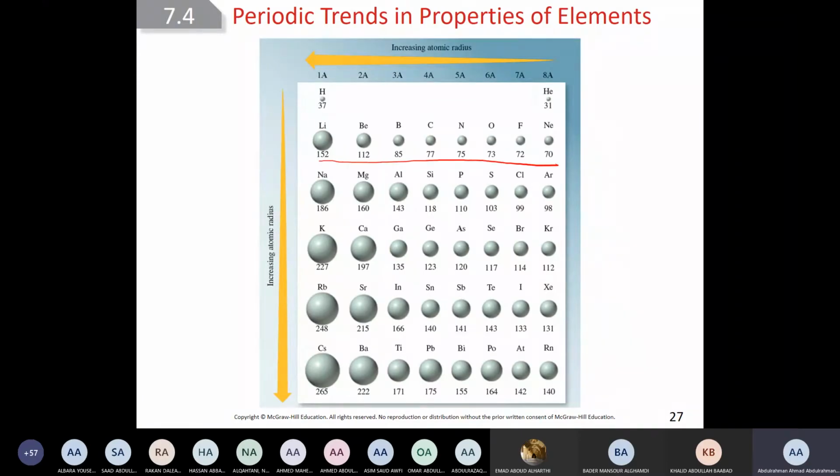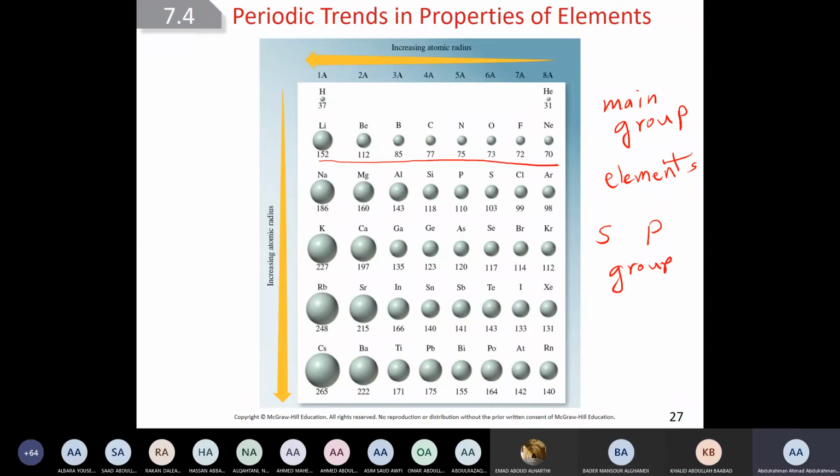This is the main group elements. What do you mean by main group? What's the meaning of main group? The elements group 1 and 2, S and P group.